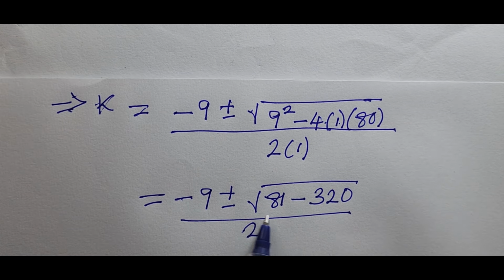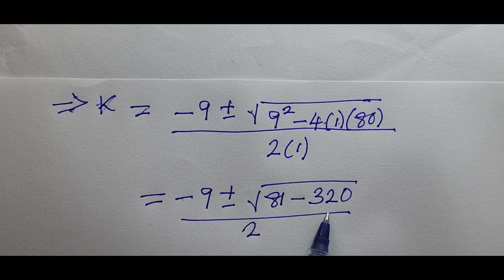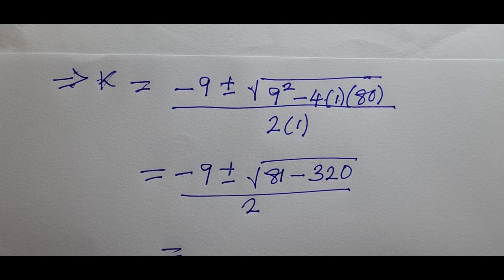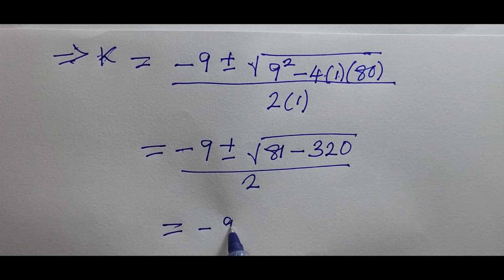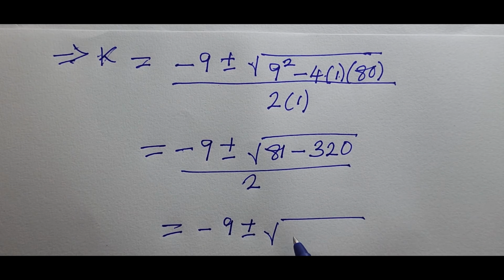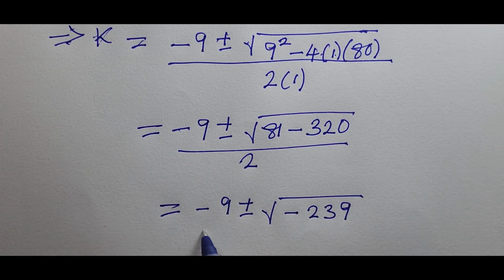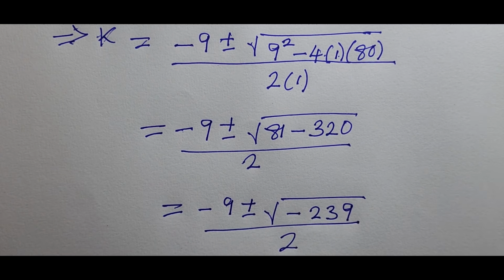If we subtract 320 from 81, that will give us minus 239, right? So this is equal to minus 9 plus or minus the square root of minus 239, everything all over 2.